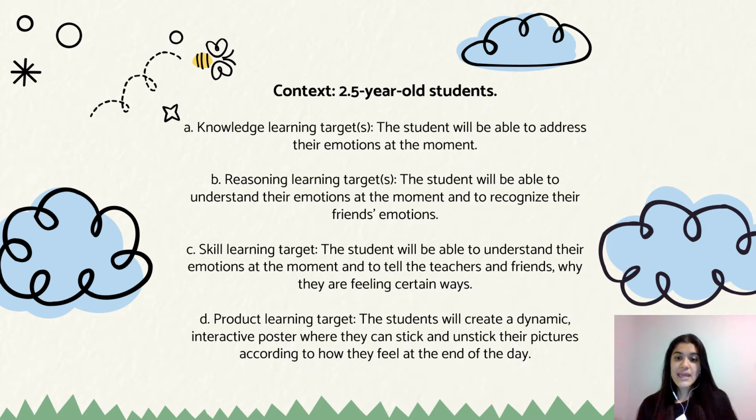The student will be able to understand their emotions at the moment and to tell the teachers and friends what they are feeling. And the fourth one is the product learning target. The students will create a dynamic interactive poster where they can stick and unstick their pictures according to how they feel at the end of the day.